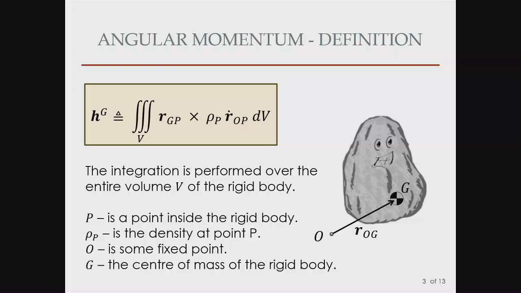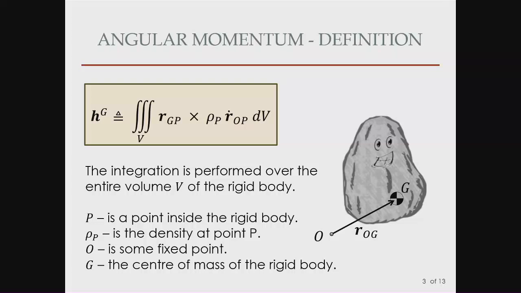This is the linear momentum of some point P, and then we need to cross it with, and the order matters, the vector going from the center of mass to that point P. So this is the angular momentum of point P about point G.